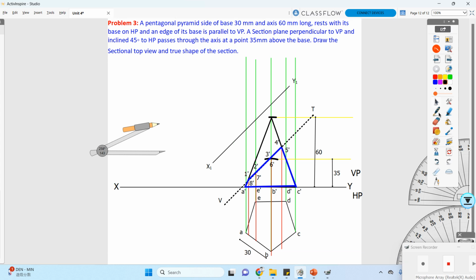Okay, now how can we develop our sectional view over here? How will we develop our sectional view over here? Anyone?